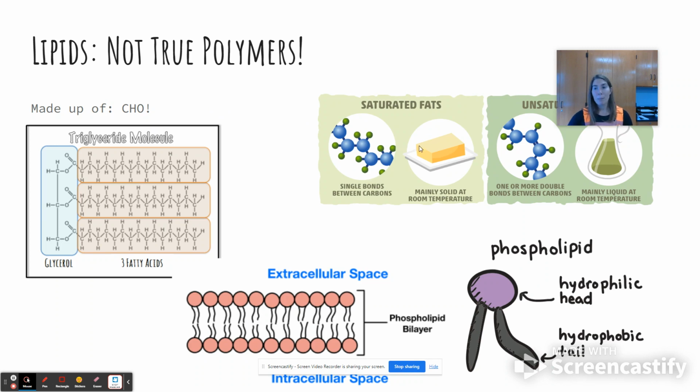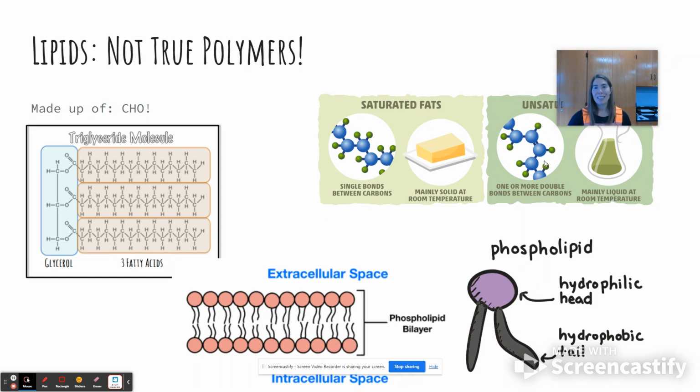So when we look at lipids, like foods that we consume, we can separate them into saturated and unsaturated fats. Saturated fats have single bonds between the carbon atoms, which means each carbon has the maximum amount of hydrogens that it can have around its atom. And remember, carbon can hold hands with four different atoms. So every single carbon in a saturated fat has three hydrogen atoms attached to it.